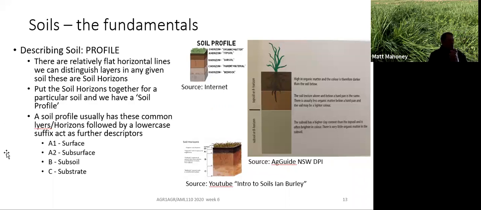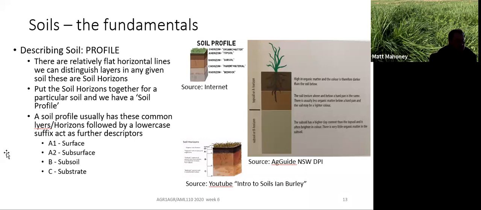So the soil profile. When we look at a horizon, such as when you look at the sunset or sunrise, we're looking at relatively flat lines. This is similar to the soil. It's in layers, relatively flat layers.